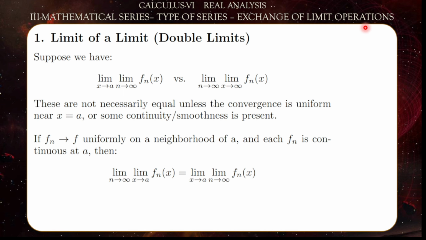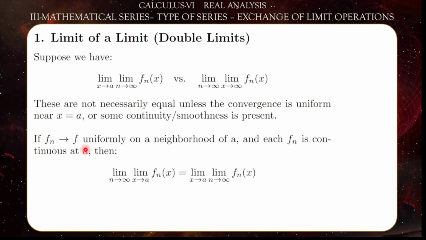Exchange of limit operations: limit of a limit, or double limit. Suppose we have the limit as x approaches a of the limit as n approaches infinity of fnx, versus the limit as n approaches infinity of the limit as x approaches a of fnx. Now, these are not necessarily equal unless the convergence is uniform near x equals a, or some continuity or smoothness is present.